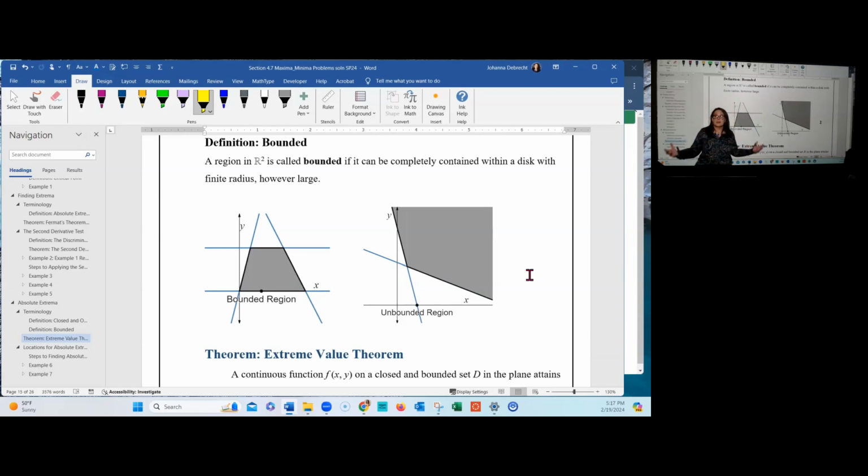It could be 10 billion miles. It doesn't matter. That's still finite area. If it's a bounded region, it's contained within a circle with finite area. If it's an unbounded region, you can't contain it within a circle of finite area. This would be like the region that we have on the right.